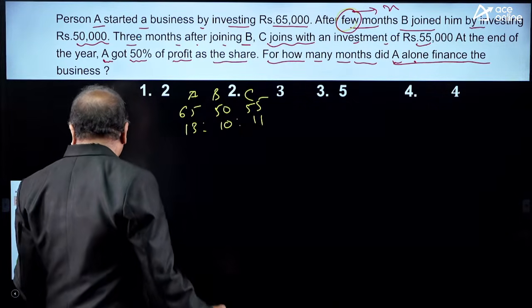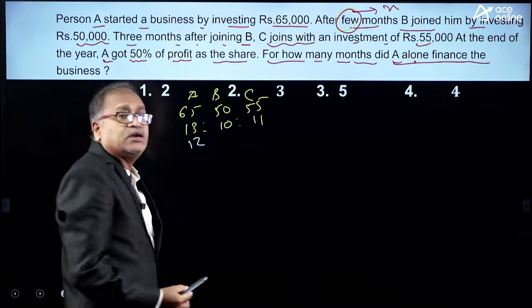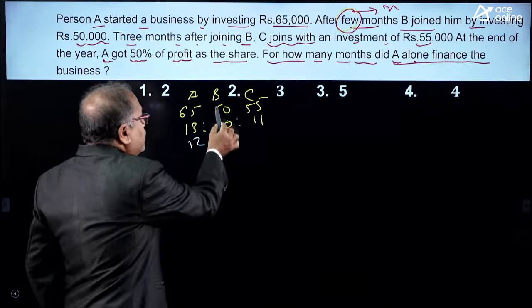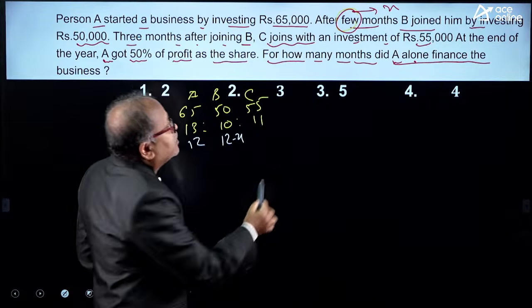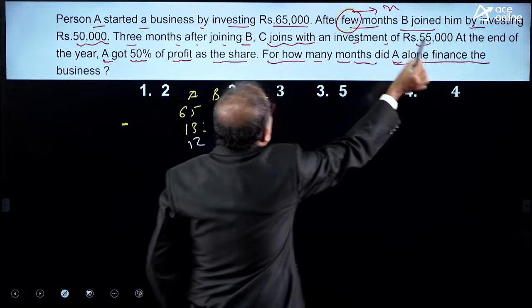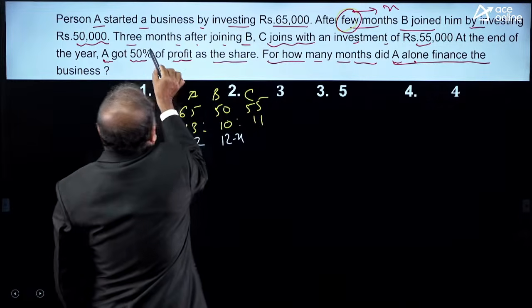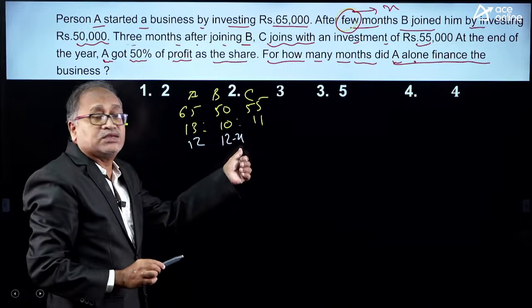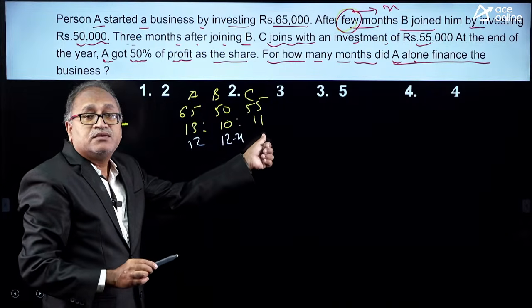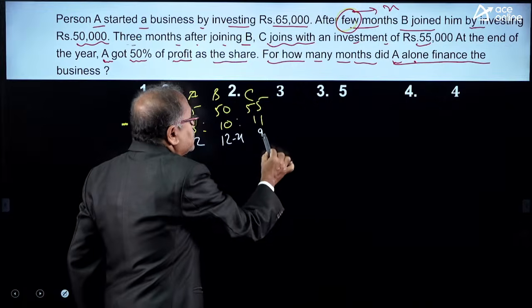So A was in the business for the entire 12 months, and B joined after X months. And C joins after 3 more months from B joining. So if B's time is 12 minus X, C's time should be 9 minus X.